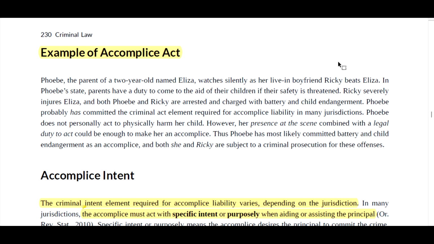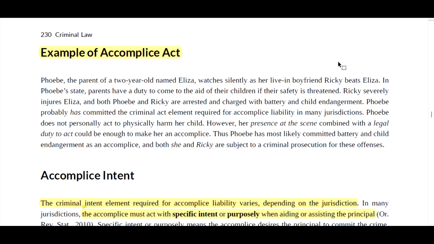So Phoebe, the parent of a 2-year-old named Eliza, watches silently as her live-in boyfriend Ricky beats Eliza. In Phoebe's state, parents have a duty to come to the aid of their children if their safety is threatened. Ricky severely injures Eliza, and both Phoebe and Ricky are arrested and charged with battery and child endangerment.